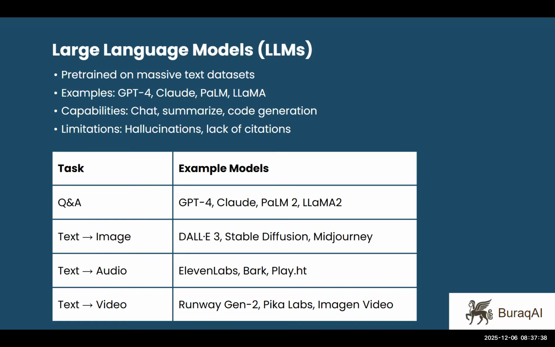The other challenge was, remember when we said it is trained on massive text data sets, the key word here is publicly available. Going back to our question of what is the FMLA policy, or the maternity policy, or the sick leave policy for my company, it's not publicly available data unless the company chooses to publish. So the model is not trained on that. It does not have information on that.